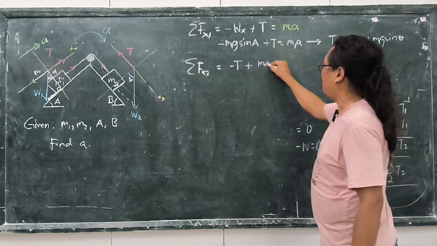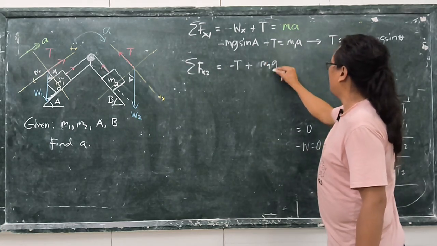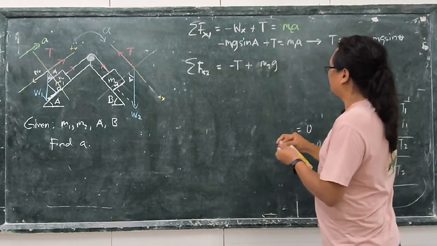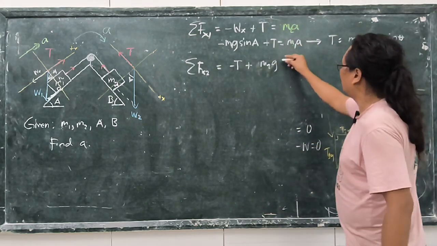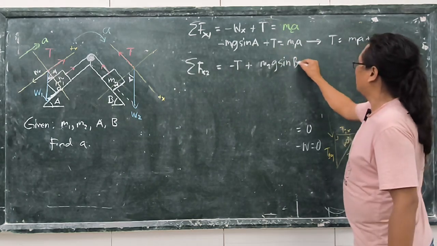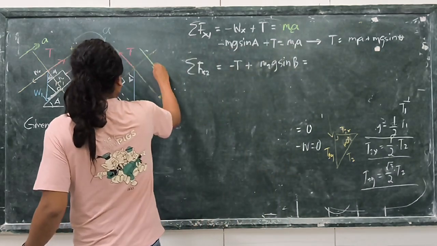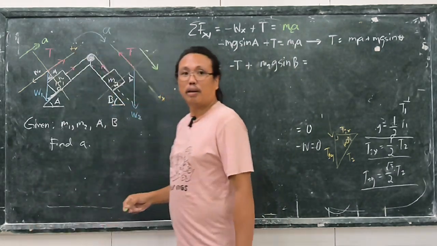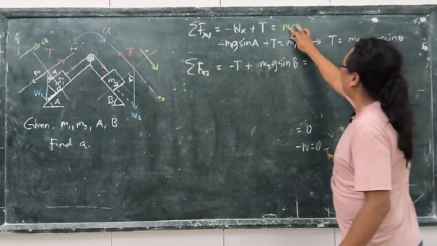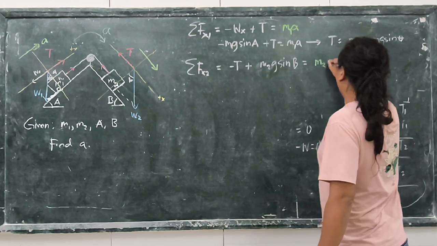So, this is m2g, m2g sine of B equals what? Again, we are accelerating in this direction, right? So, this is equal to m2a.